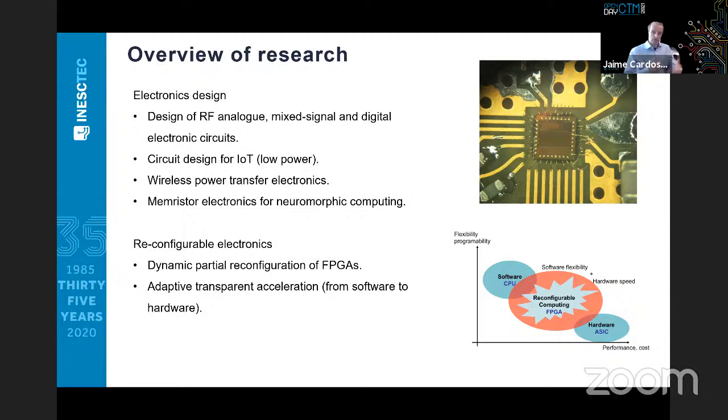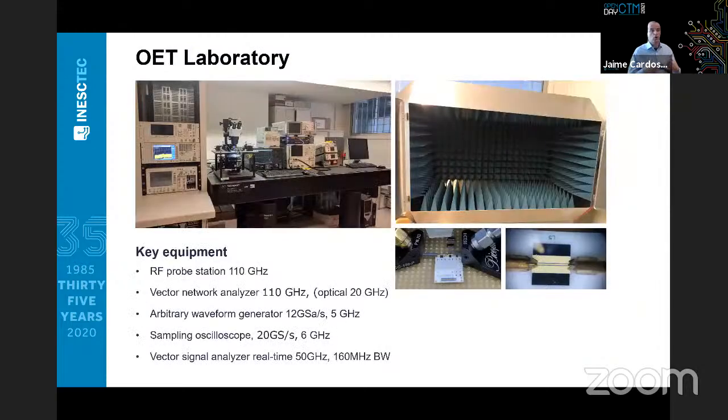And then we have also FPGA and dynamic hardware providing solutions for acceleration, for instance. And then we have the laboratory supporting all this research with the right equipment and the right solutions.